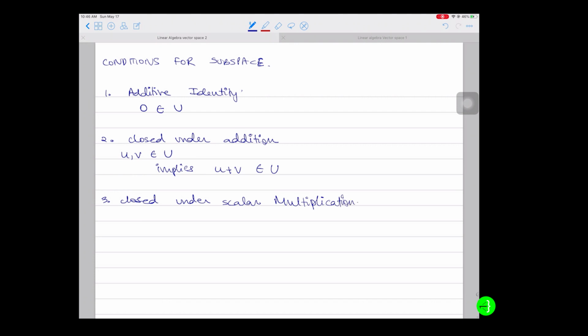It means that for a lambda in F and u in the subspace U, lambda times u also belongs in U. So these are the three conditions. If you can satisfy these three conditions, then the set is a subspace. If any of these conditions is not satisfied, it is not a subspace.